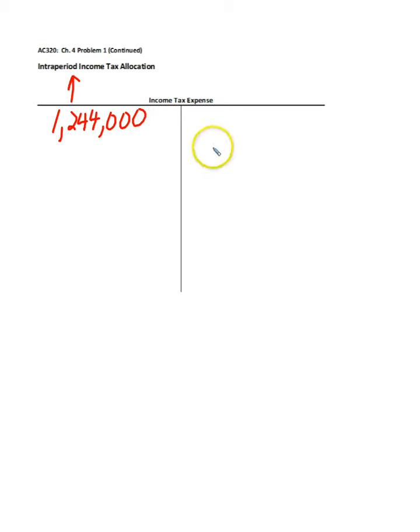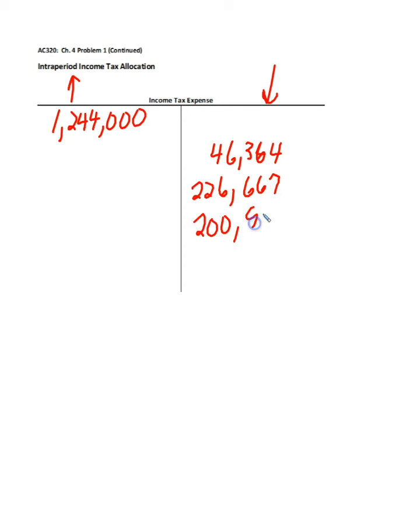But we also had numbers for those tax benefits that reduce the expense, the $46,364, the $226,667, and this $200,909. So again, these are all the details of that income tax allocation.